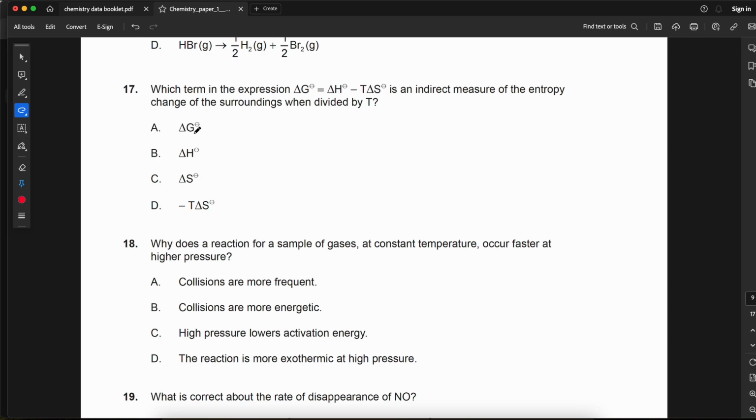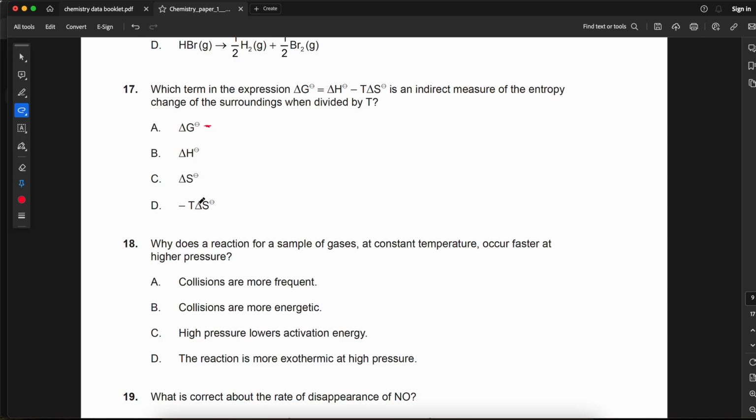It's used to measure spontaneity when temperature and pressure are constant. Therefore, it's not that. Delta H is a change in enthalpy, which is used to measure heat absorbed or released by the system during a process. And delta S is a change in entropy, a measure of randomness or disorder of the system.